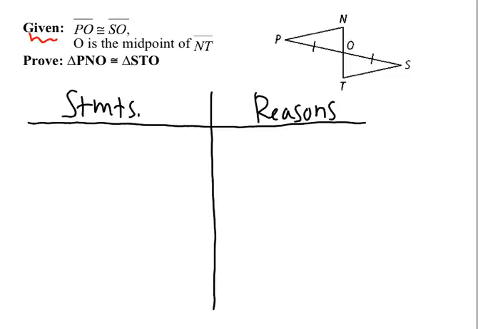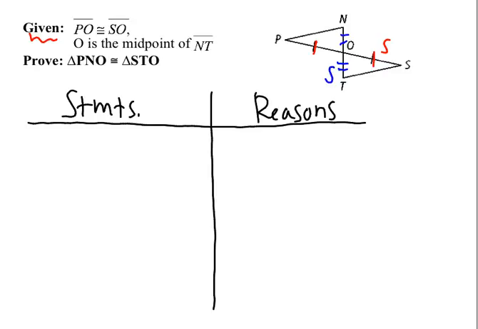So it says PO is congruent to SO. That's a side. And then it tells you that O is the midpoint of NT. Here's NT and O's in the middle. We know that O splits that segment into 2 congruent pieces. So there's my other side.